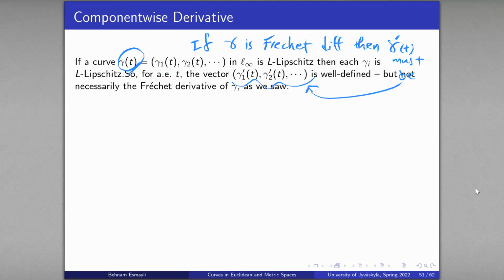But our counterexample showed that this does not have to be the case. Although you can write down this vector, it doesn't mean that the convergence is strong, as was the case with the sign-of-i vector.